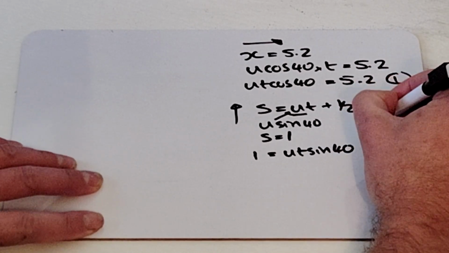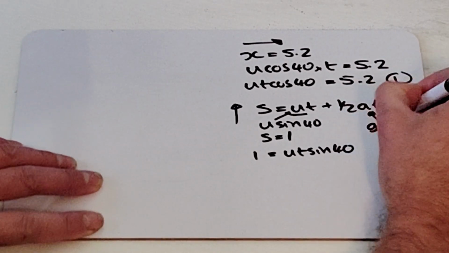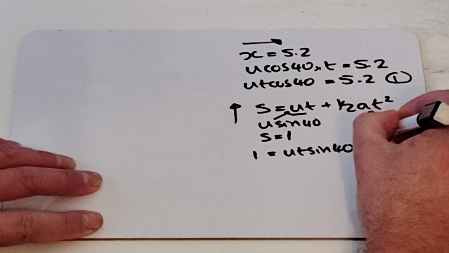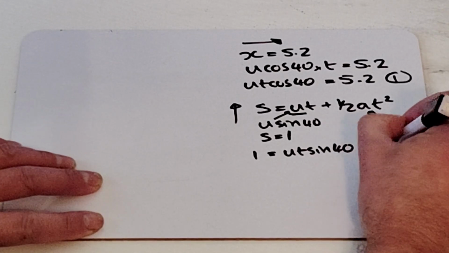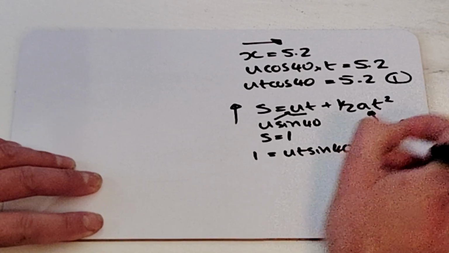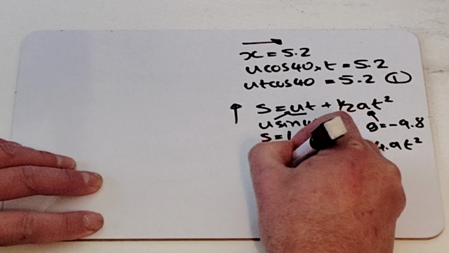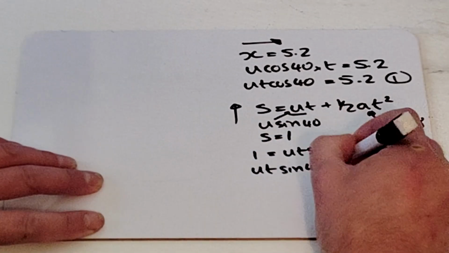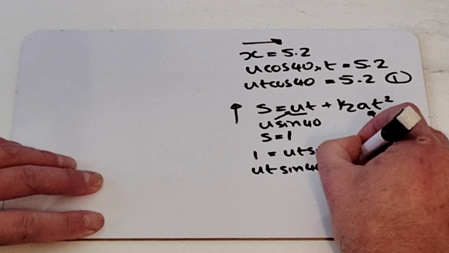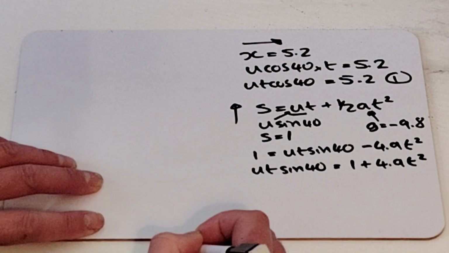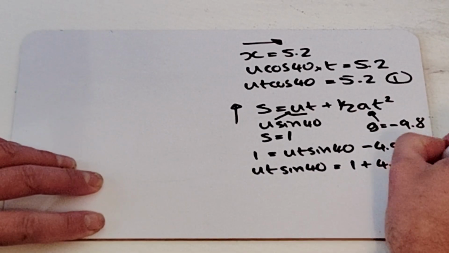Now, a is actually equal to g, which is equal to negative 9.8, so that's minus half of 9.8, which is 4.9 t squared. So we can rewrite that to become ut sine 40 equals 1 plus 4.9 t squared. And that's going to be our second equation.